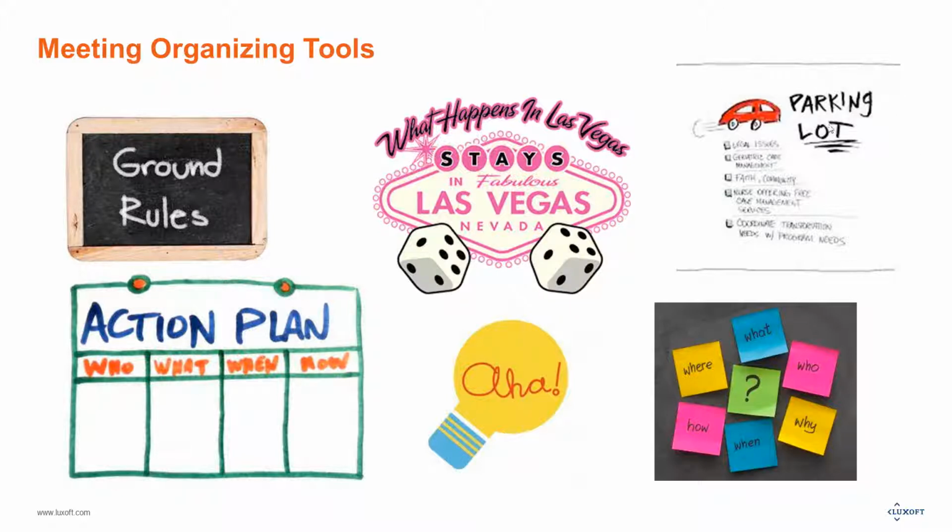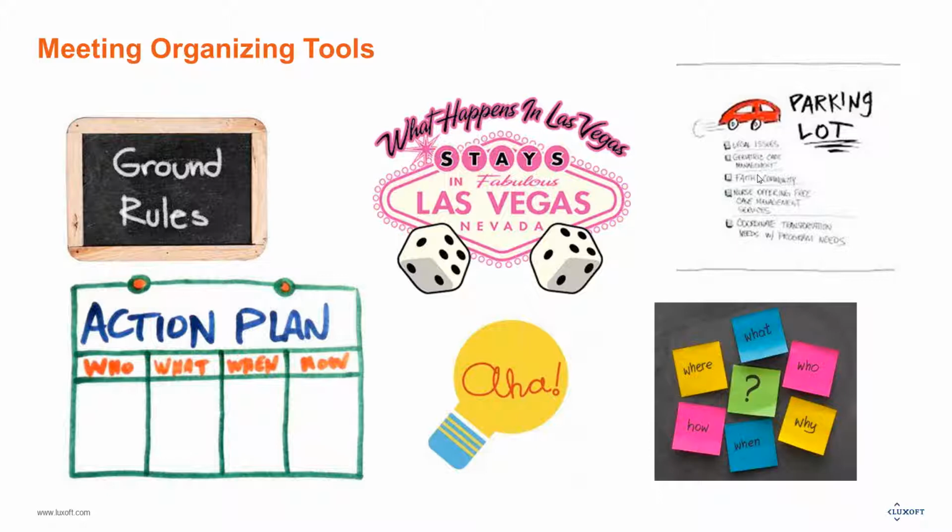There is also a good-to-have parking lot. It is a flip chart where you write down the topics that are not directly linked to the current topic of the meeting. For instance, during some requirements discussion, you have found out that there is some integration issue with a third-party team, and probably you don't need it right away.